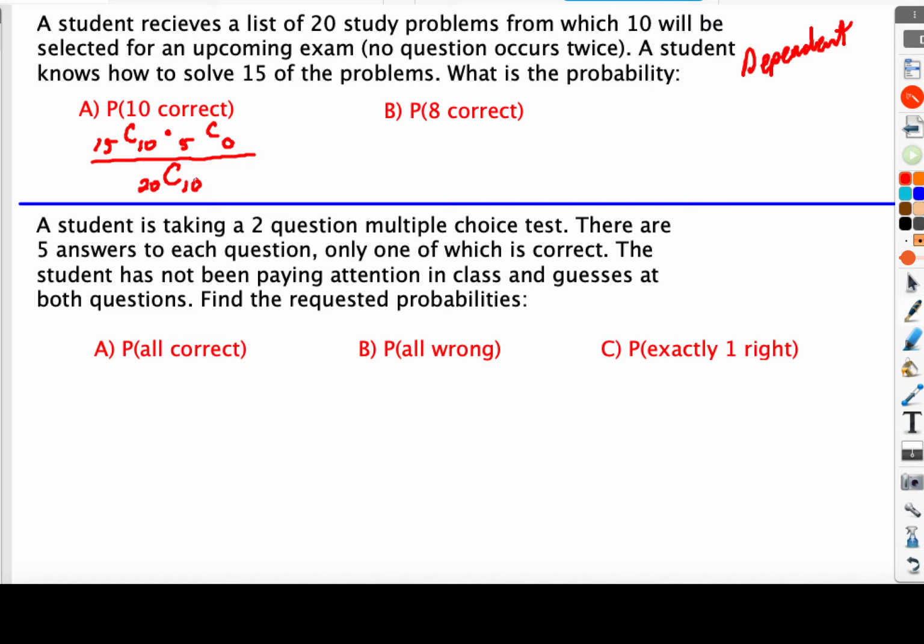So again, all we need to do is type those into our calculator and figure out what those numbers are going to look like. Just a second as my calculator opens up here.